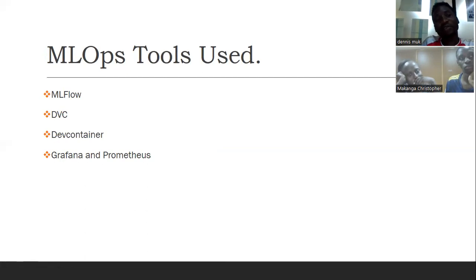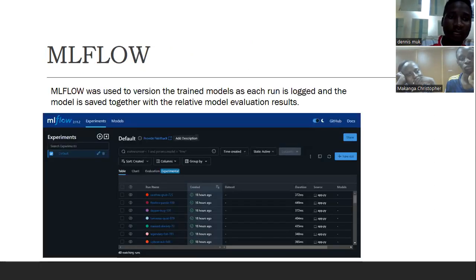Then the tools we used: we had MLflow, we had DVC, we had the Dev Container, then Grafana and Prometheus. Taking you through MLflow here, MLflow is used to version the trained models as each run is logged, and the model is saved together with relative model evaluation results.